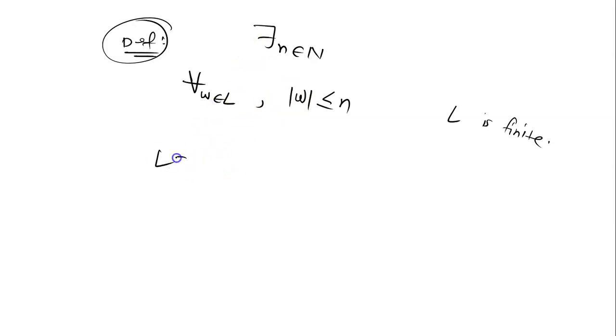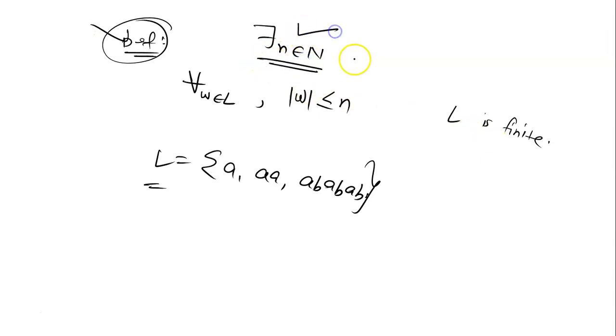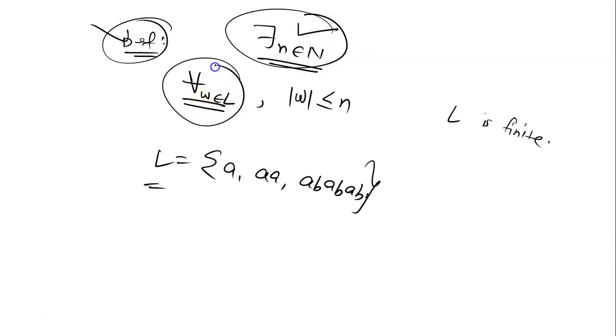In this definition, consider this language L: A, and AB. Now consider this language L. What he is saying is that L is finite if and only if there exists a natural number n such that for all strings of L, the length of the string is less than or equal to n.